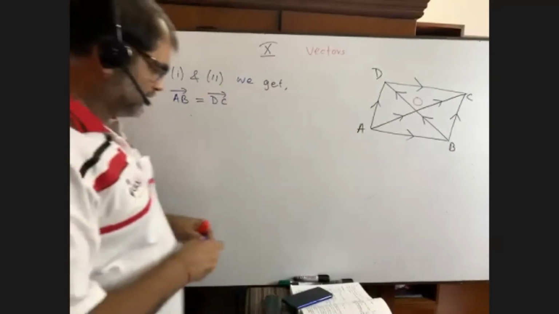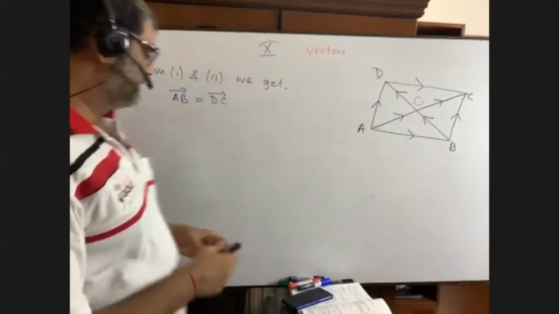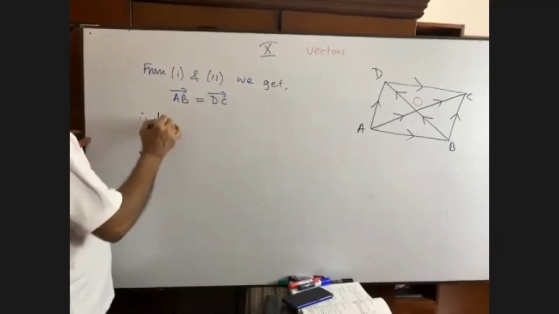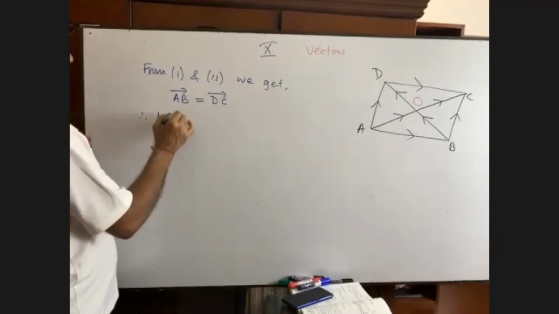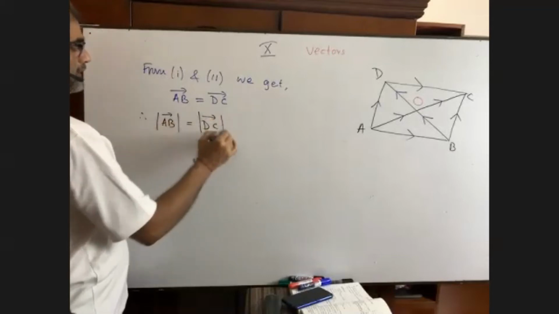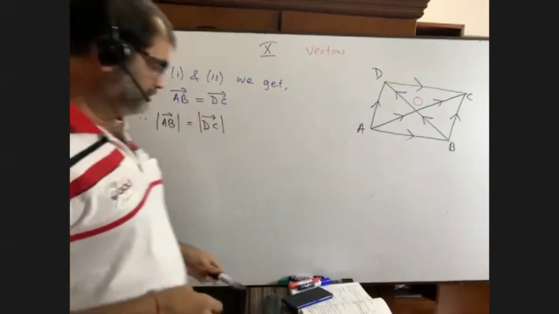What I told you that day, after writing this, you are bound to write in this way, with absolute value signs: |AB| is equal to |DC|. Can you remember? Yes, sir.